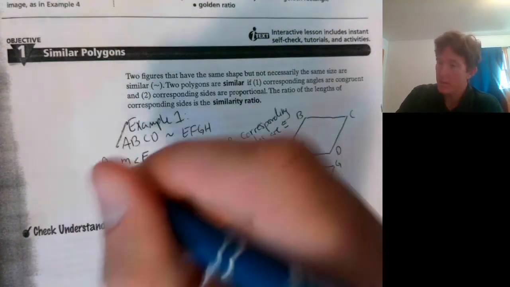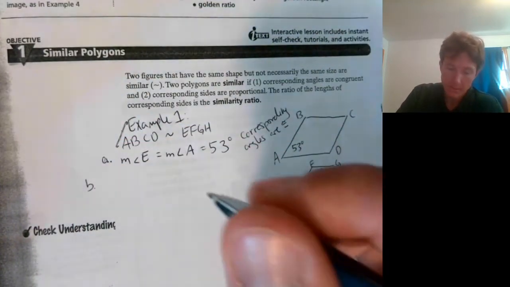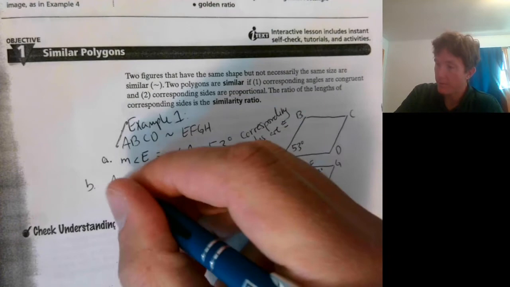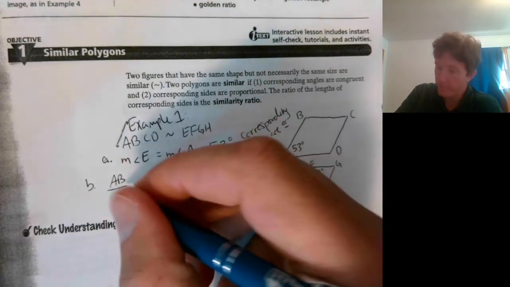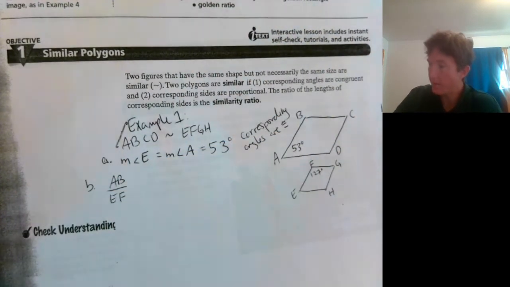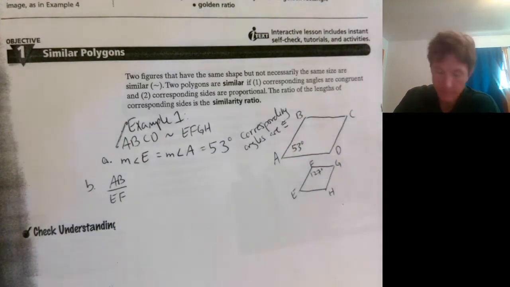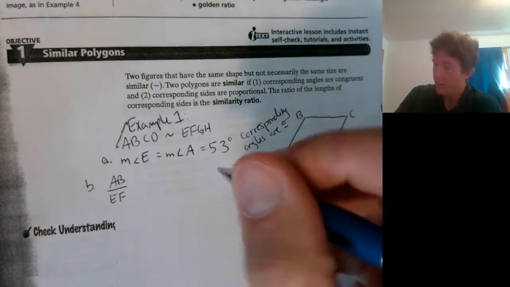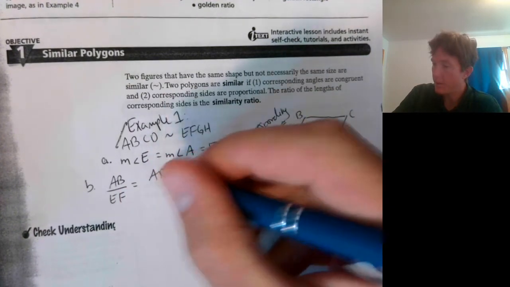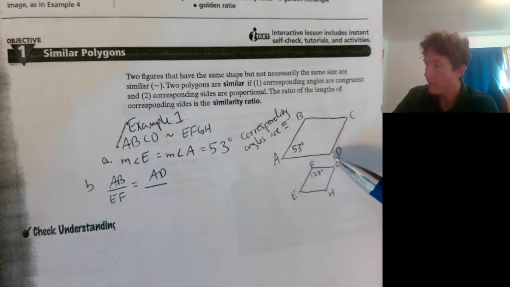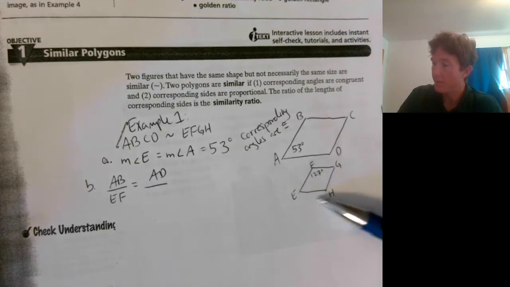And then B, so the ratio of AB to EF, so let's look at that. AB to EF is equal to AD to EH.